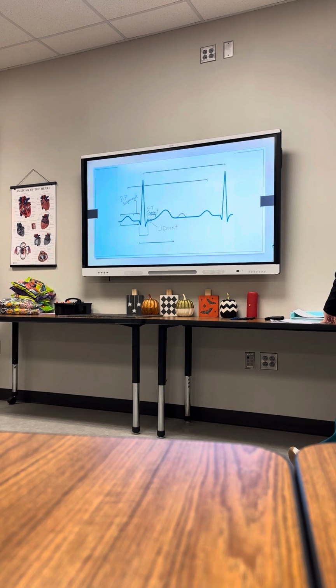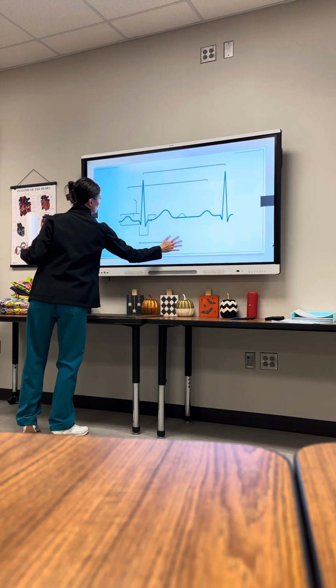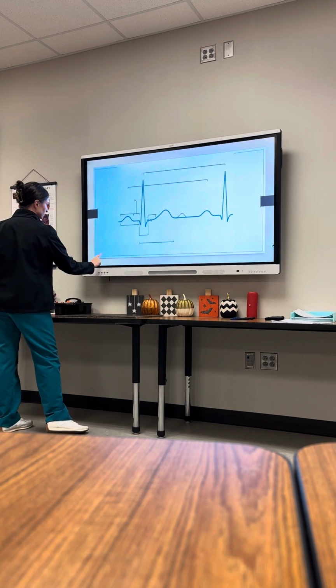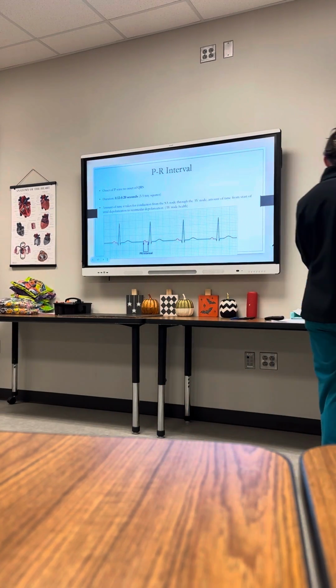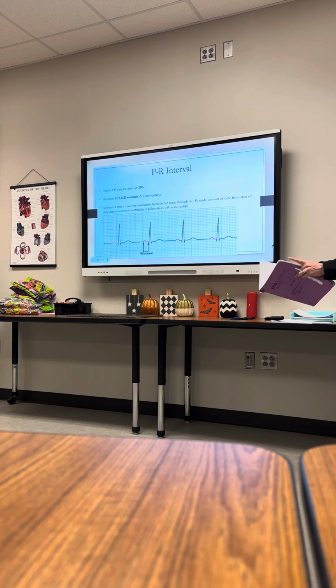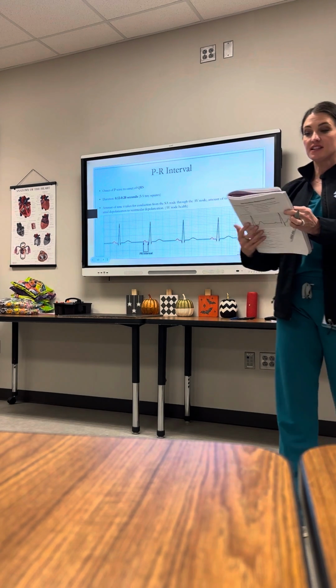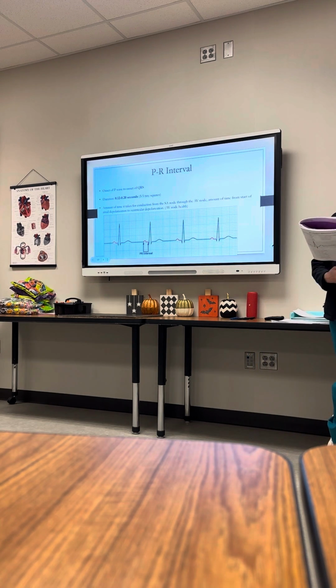Let's get into our intervals. Ready? Okay, so flip the page. We're on page 51 now. We're going to talk about the PR interval. So what is it? It's the onset of the P wave, so before the P wave starts, until the onset of the Q wave.